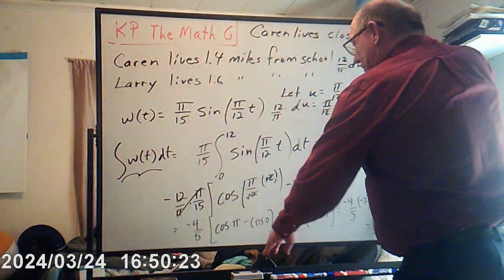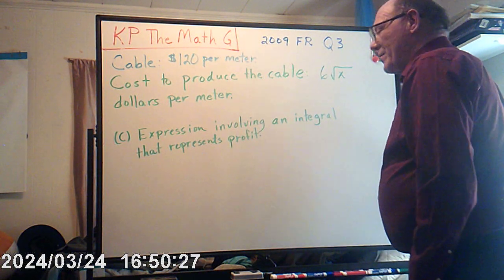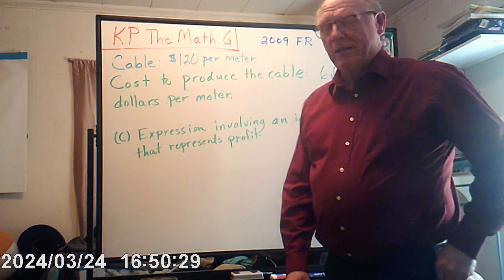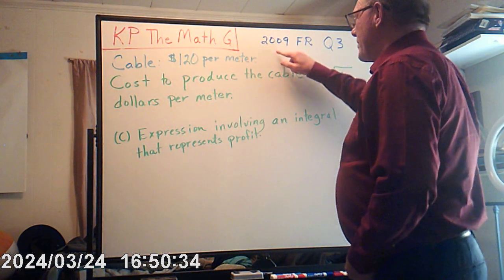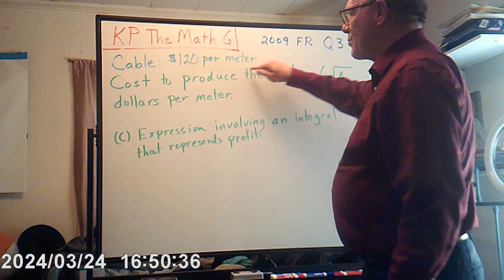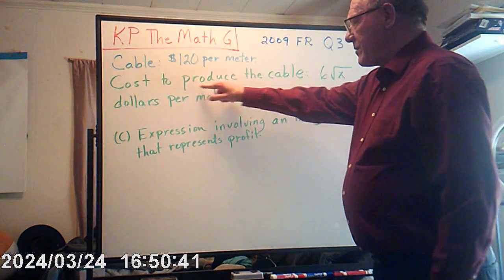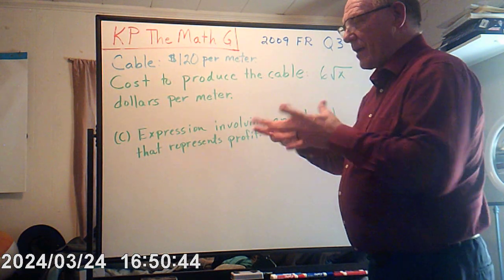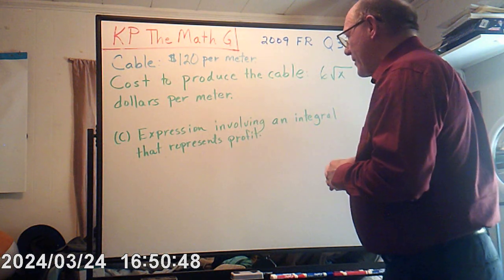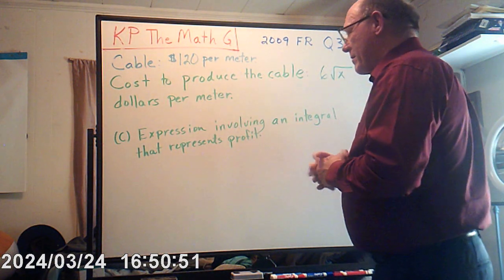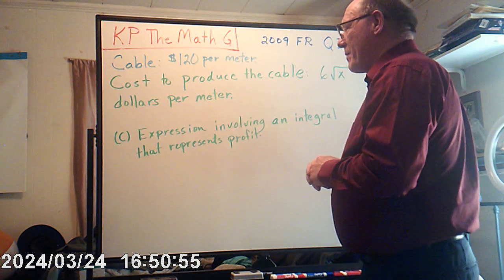Well, all right, we have another problem here. This is question number 3, and I want to do the last two parts of this one. Just to brief you on this, that cable is $120 per meter. The cost to produce the cable is 6 times the square root of x dollars per meter of cable.